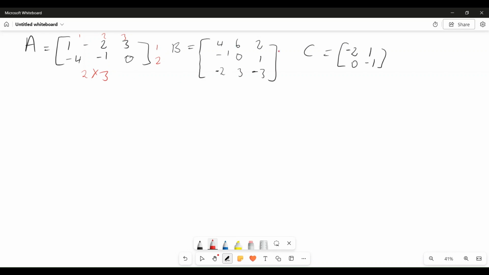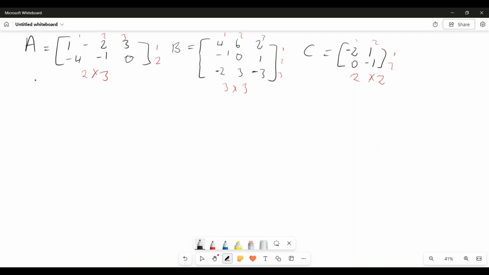In this one, we have 1, 2, 3 rows and 1, 2, 3 columns. So it's basically a 3 by 3 matrix. So we see that B is actually a square matrix. And on C, we have 2 rows, 2 columns. So it's a 2 by 2 matrix, and also C is a square matrix, okay?